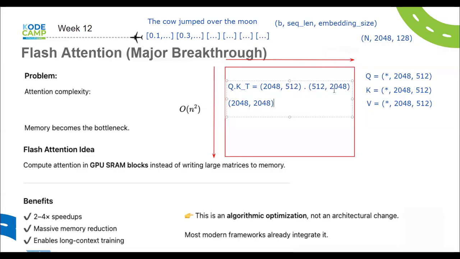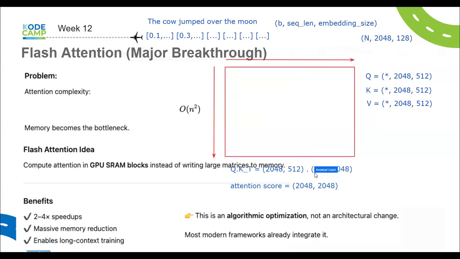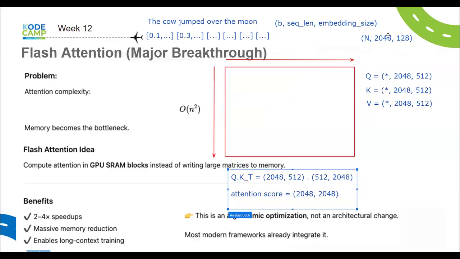This is the attention score matrix. Of course, here we can divide by the square root of dk and do the softmax, but that doesn't change these dimensions. So what attention effectively does is turn your input into a matrix whose dimensions are the sequence length by the sequence length.